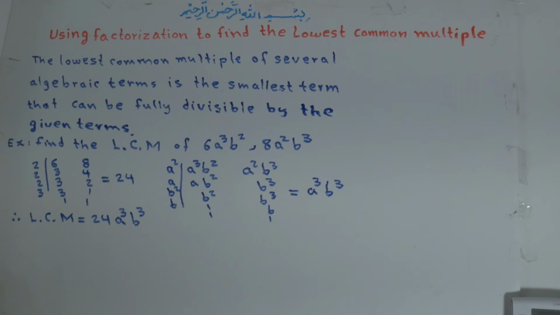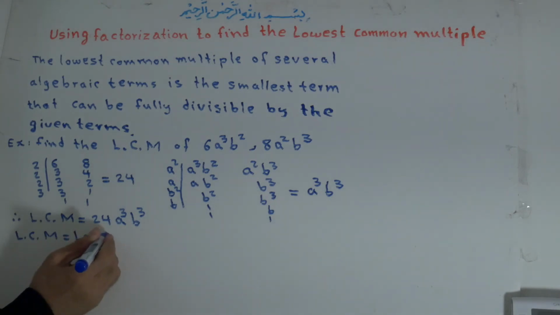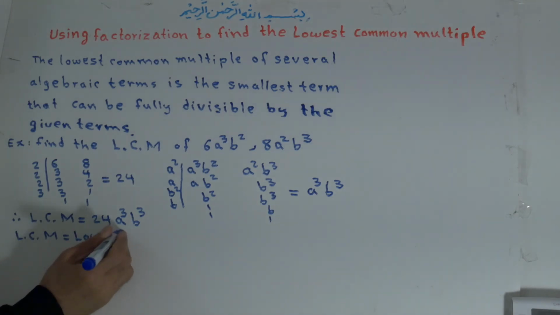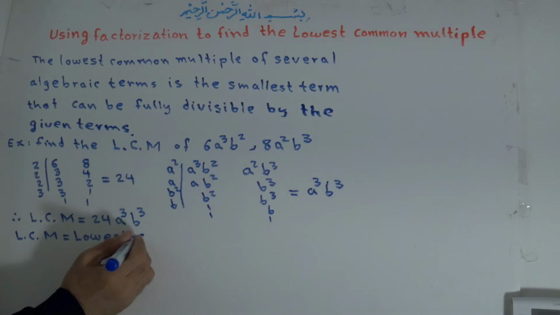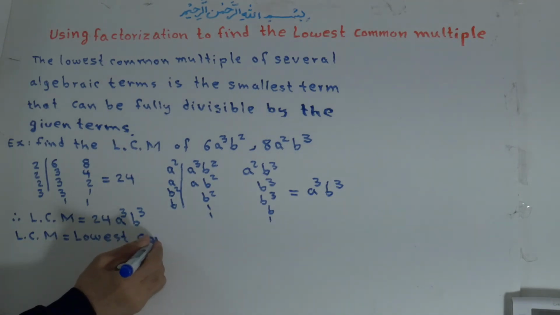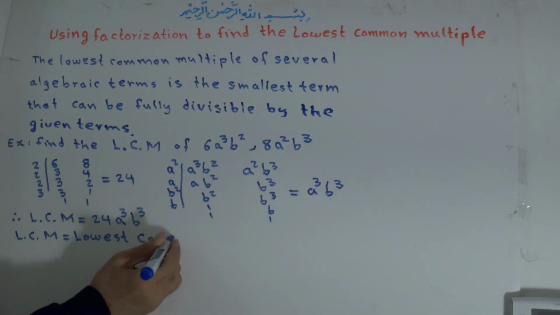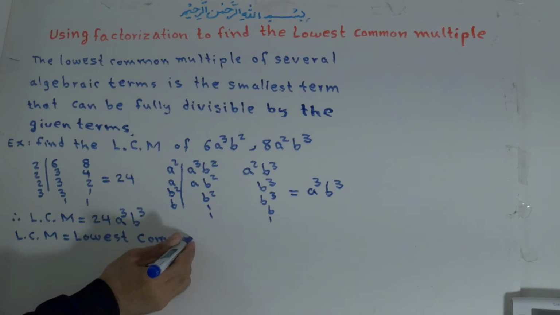And also in fractions, when we find the common denominator of the fractions, the LCM, or lowest common multiple, is the same as the lowest common denominator.